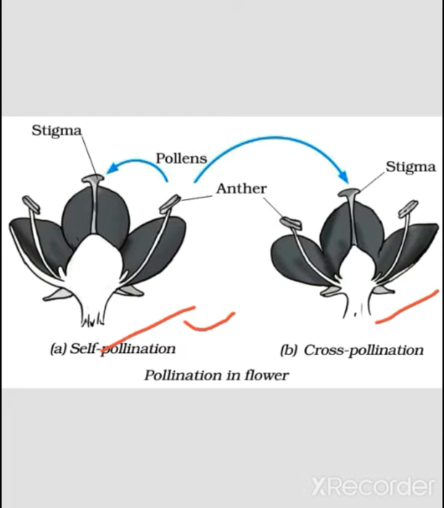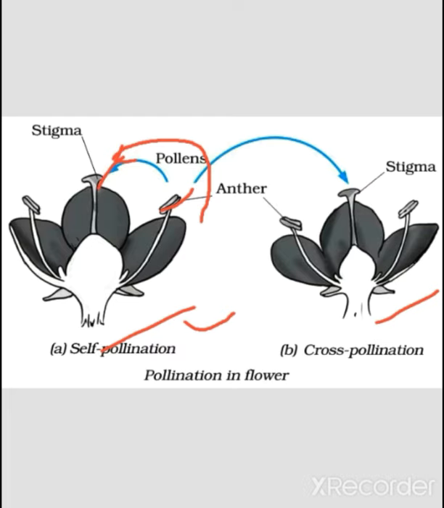As you can see in this diagram, here is the anther and here is the stigma. If this anther pollinates its own stigma, that is called autogamy, a type of self pollination. I hope you understand it clearly. There are three types of autogamy: homogamy, cleistogamy, and bud pollination, which I mentioned in your notes.